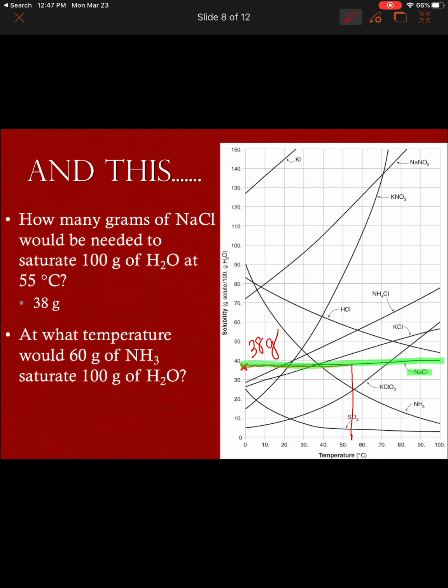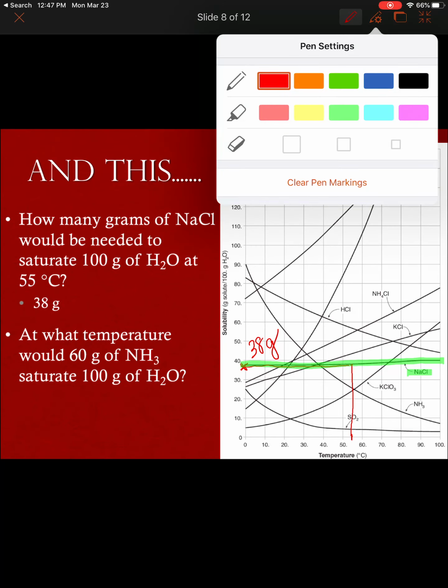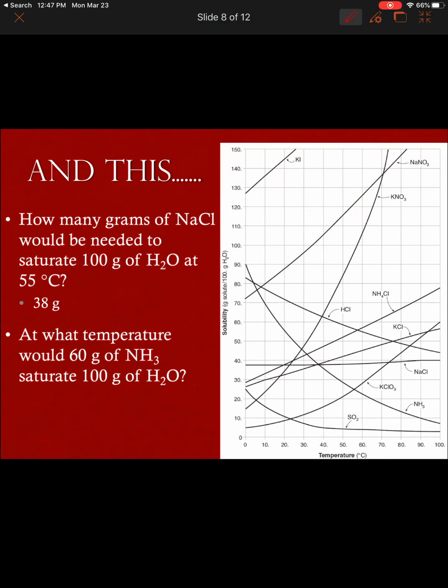At what temperature, you know what, I'm going to get rid of this ink so we can start fresh. At what temperature would 60 grams of NH3 saturate 100 grams of water? So, 100 grams of water, standard for the table.